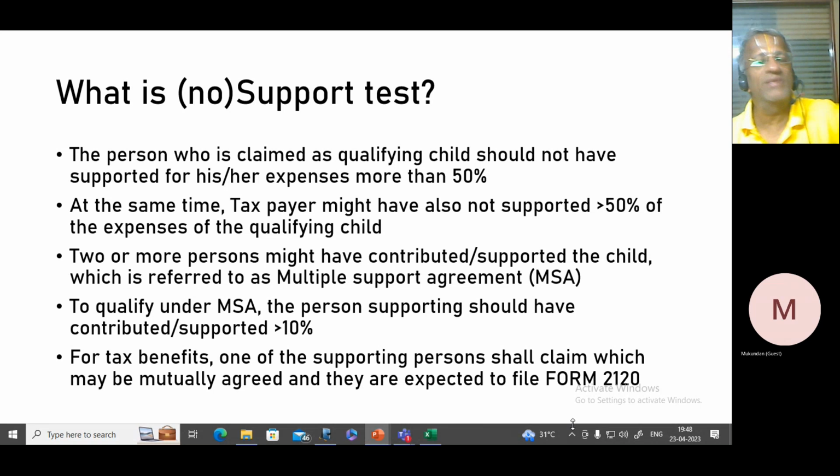Say you have three persons A, B and C who supported 30, 30 and 40. Who gets to take the target person as a qualifying child? Between them, they have to choose. Mutually, they should agree, okay, the last person who contributed 40%, let him take it. Next year, possibly the other person might take it. So the choice is left to the contributors under the MSA program. But in order to be considered as having supported, they should have supported more than 10%. Have this in your mind.